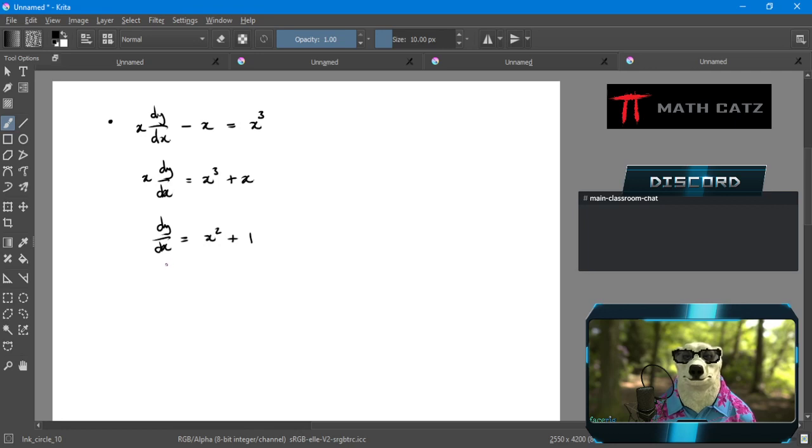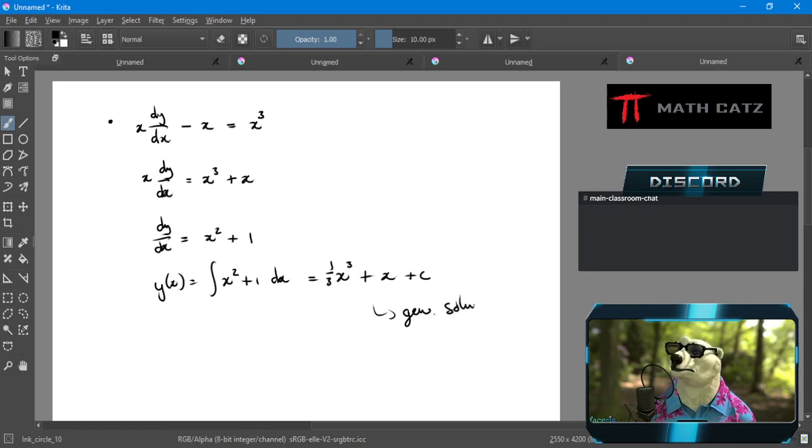And then I see, okay, well, this is just an antiderivative question again. I have a function y whose derivative is x squared plus 1. Therefore, y is the indefinite integral, or the antiderivative, of x squared plus 1, which I can do. It's x cubed to the 1/3 plus x, of course, plus a c, and there's my general solution.